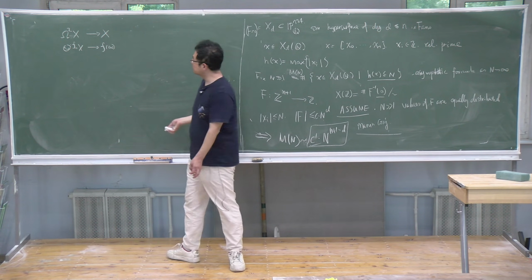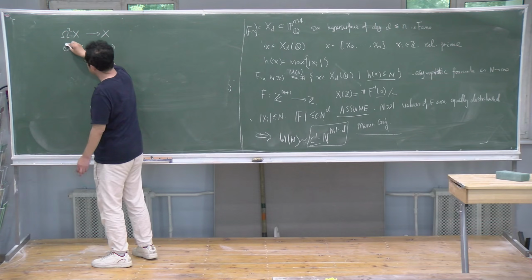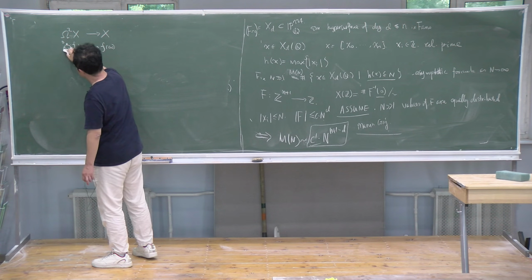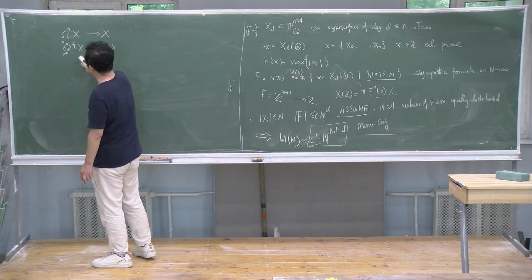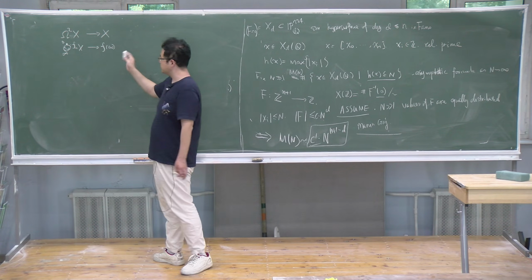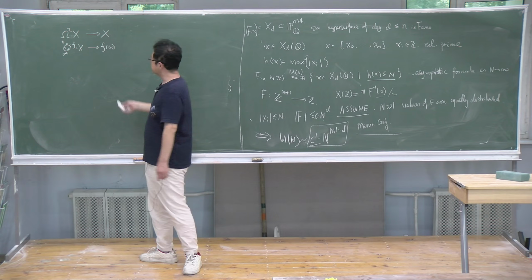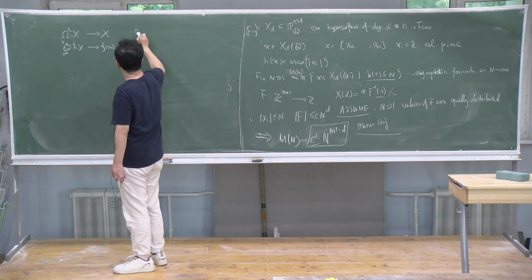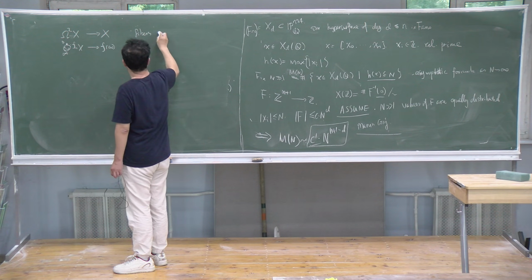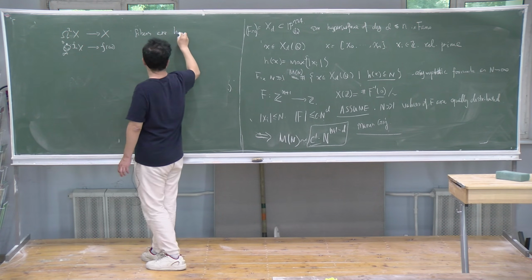So now here I choose 0 and infinity. So 0 is always mapped to x, and then you just take the infinity, the other point. So then there are these fibers, homotopy.